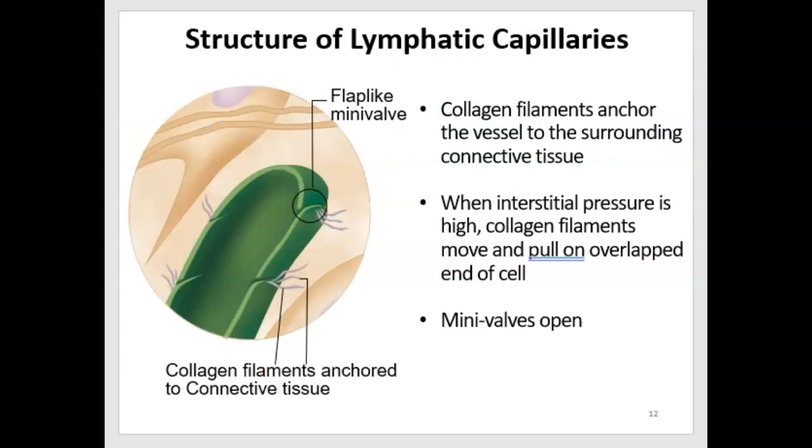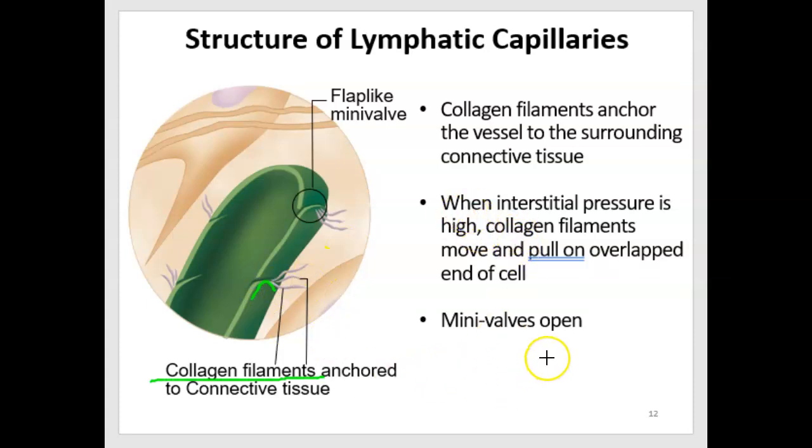Let's look at a picture of a mini valve in a little bit higher magnification. Of course, it's just a drawing. We can explain how they open and close based on the fact that there are collagen fibers, shown here in purple and called collagen filaments, that anchor the capillaries to surrounding loose connective tissue. The filaments are at the very end of a cell where the valves are located.